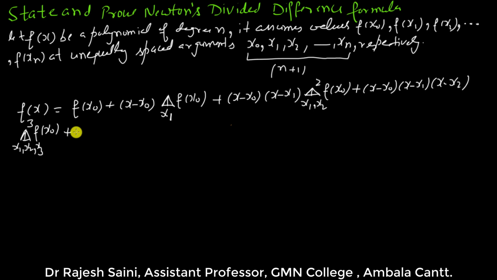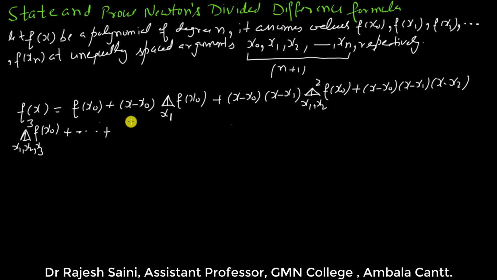Similarly, continuing likewise, you put 3 dots, you will write the last term, that is the nth order divided difference. What will it be? Here is 2, here is 1 less, here is 3, up to 1 less.